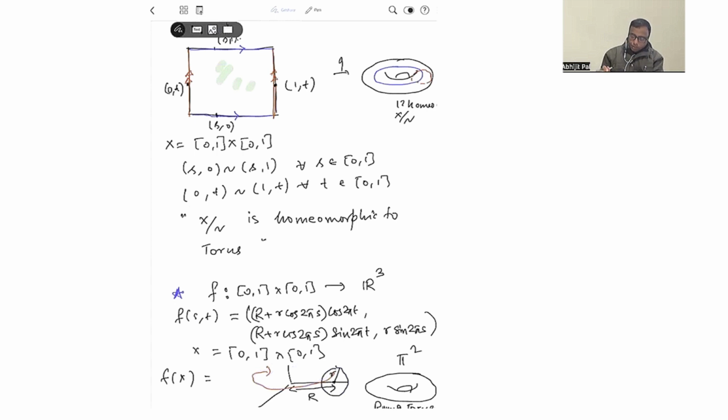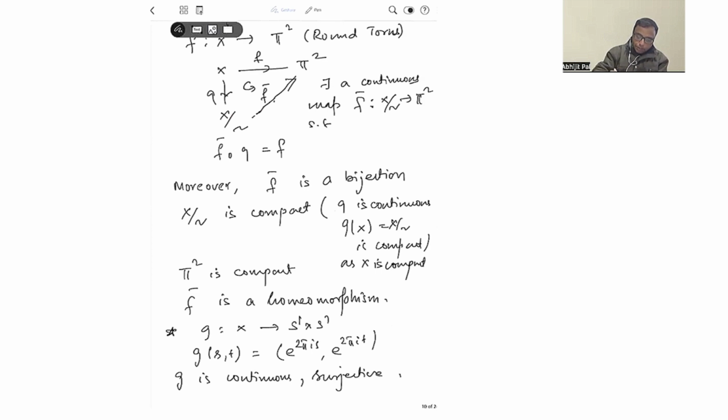So we'll get the round torus. I'll call this T2 the round torus. X again is the unit square, so we have a map from X to this torus. If we want to prove that this quotient space is homeomorphic to the torus, this is the way.